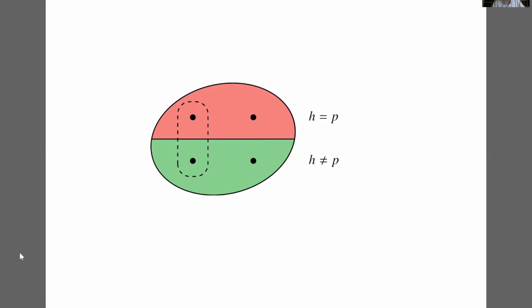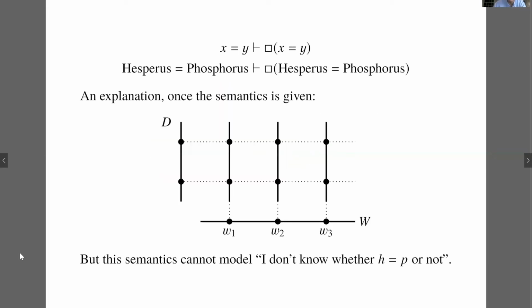The other problem is this. This explanation of why x equals y implies its necessity is one explanation once the semantics is given, but that's not Kripke's argument for the necessity of identity of individuals.